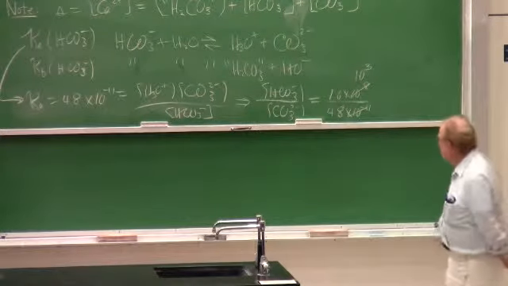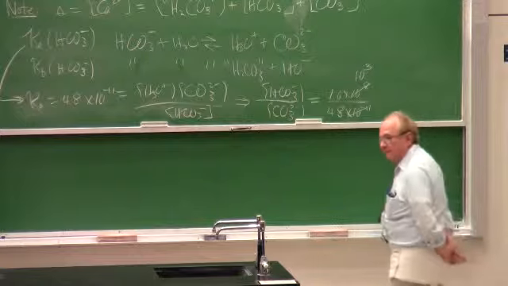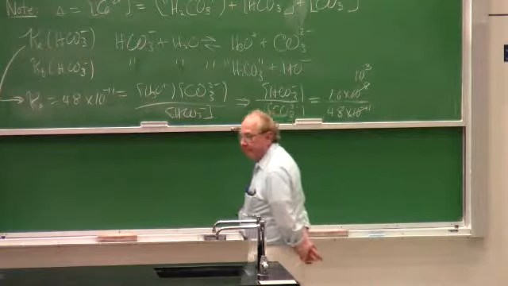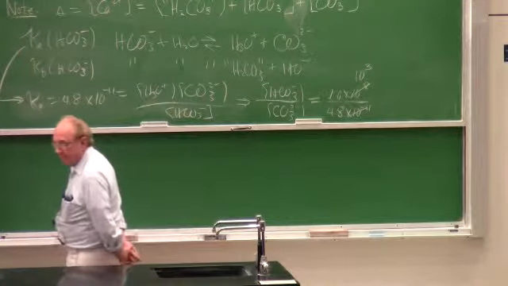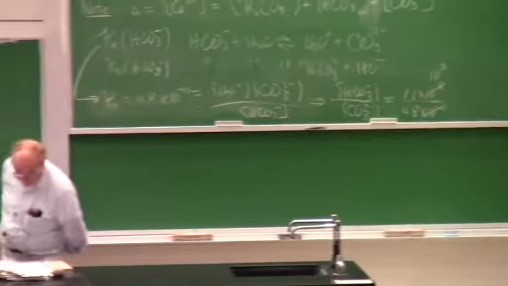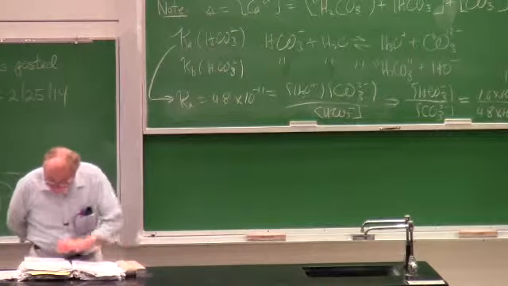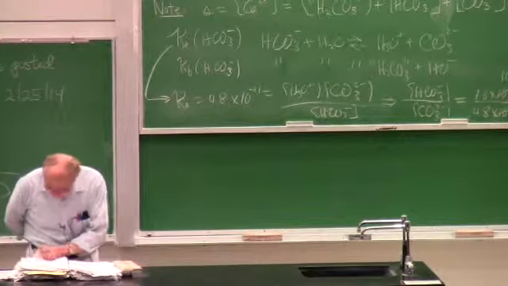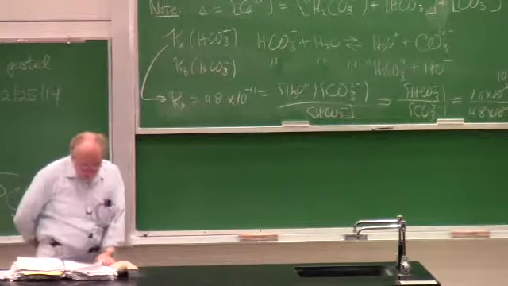So I got 1,000 divided by 4.8. What's that give me? I got the results here, 200 and something. 210 to 1.